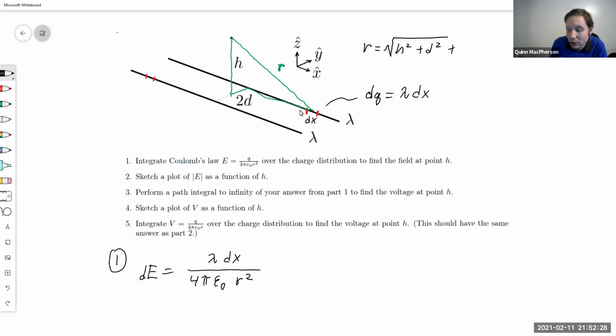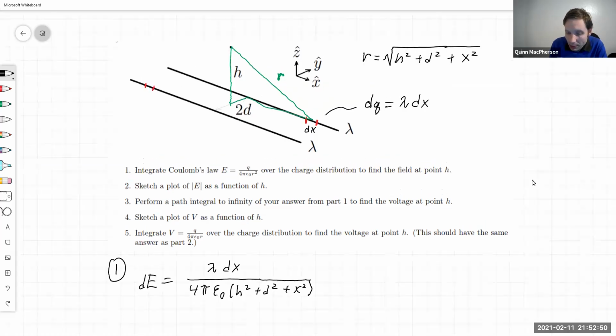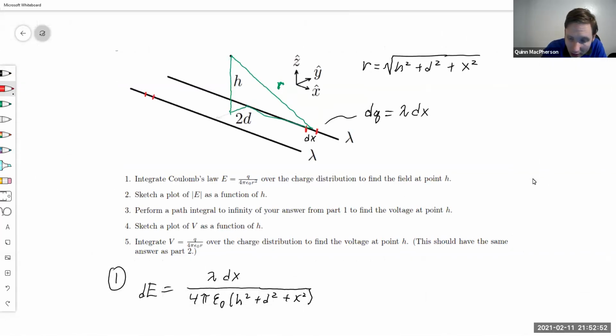So r squared conveniently just kills the square root, and I end up with h squared plus d squared plus x squared.